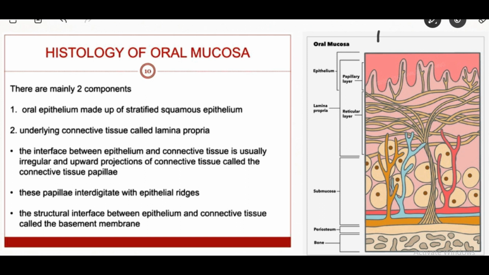Remember, the epithelial cells attach to each other by desmosomes, but the attachment of epithelial cells to the connective tissue is by hemidesmosomes. The basement lamina separates the epithelium and the lamina propria.